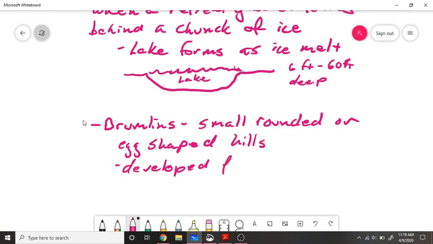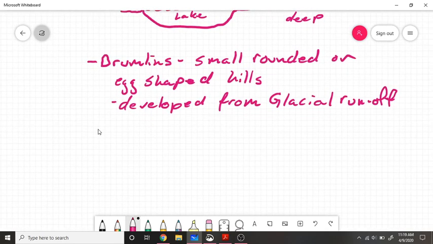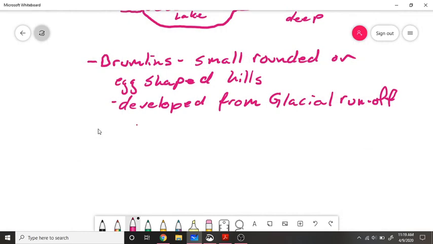So they developed from glacial runoff, or erosion from other nearby landforms.